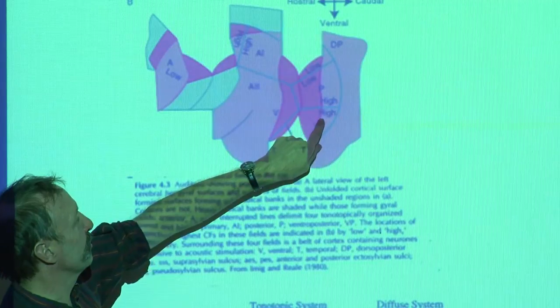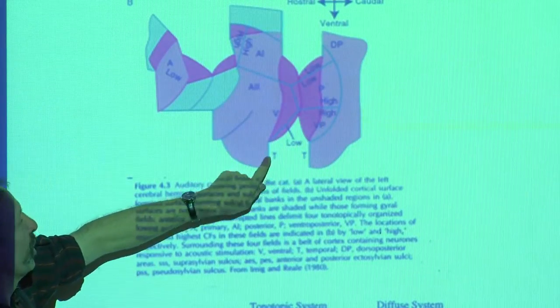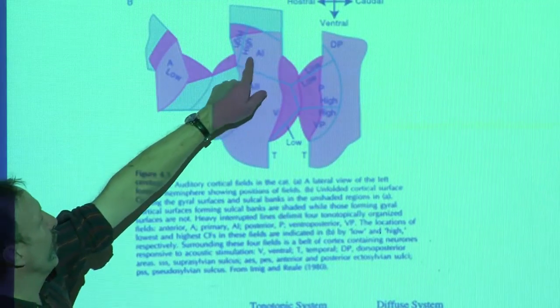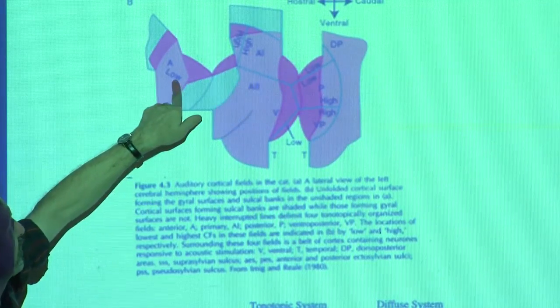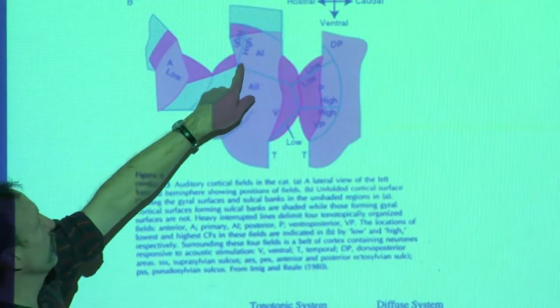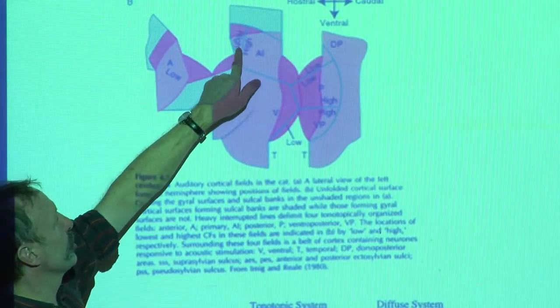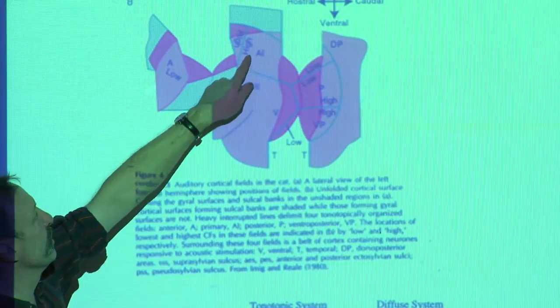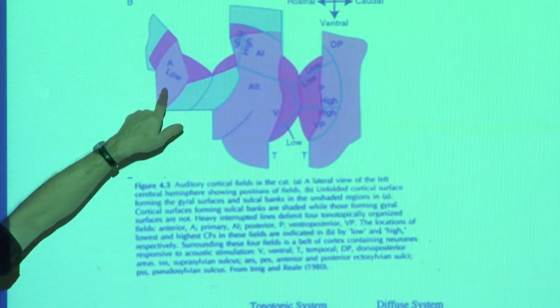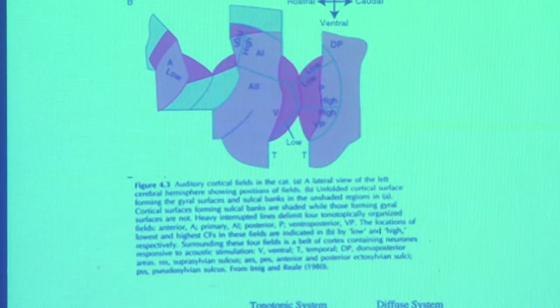Then the CFs go from high to low. Same thing happens where A1 meets the anterior auditory field, indicated by A here. Those two fields share a high frequency, high CF boundary, and then as you go more rostral, the CFs get lower and lower and lower.